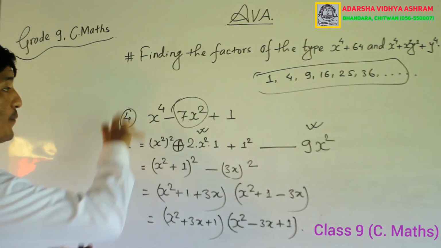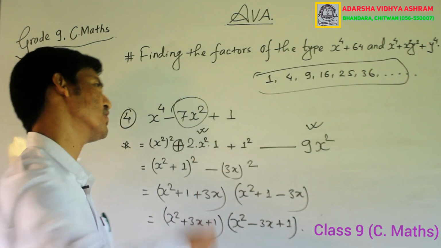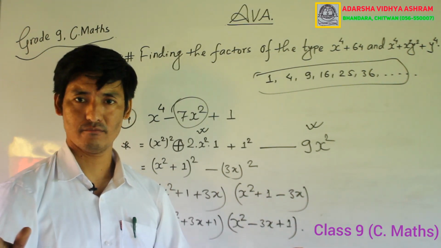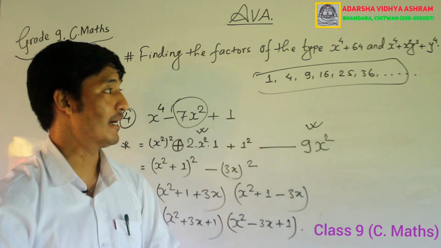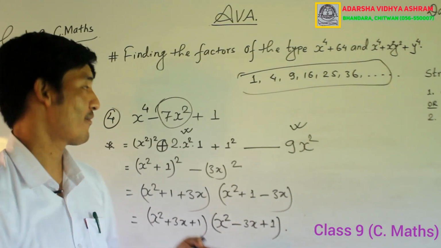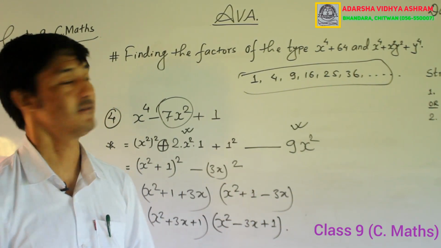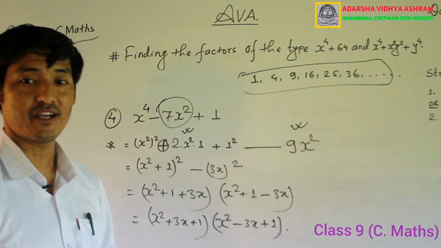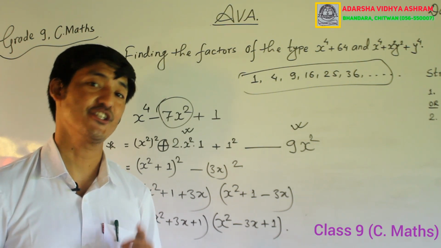That's why if you know how to factorize the algebraic expression, having 2 terms or 3 terms or 4 terms, no problem. It doesn't matter for us. Just see the structure of the questions, then you will find the factors of the algebraic expression. So how to speak in front of your teachers and your friends, I had said to you.